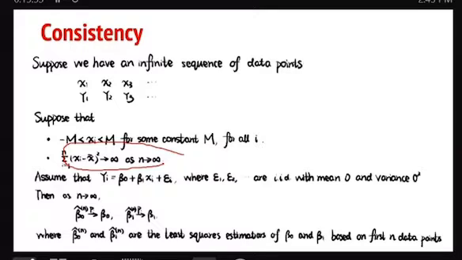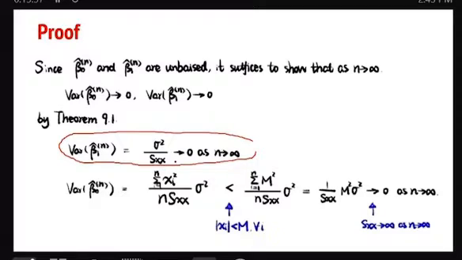It's going to be huge. Now, when you have a very large number in a denominator, what happens to the whole fraction? The whole fraction converges to 0. Does that make sense? That is how to show that beta 1 cap is a consistent estimator.